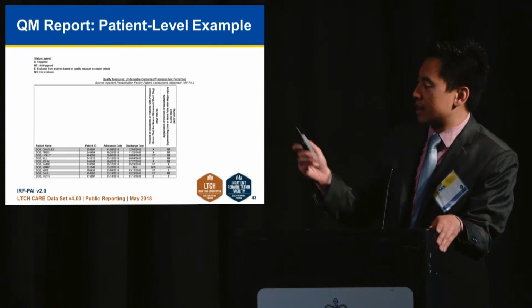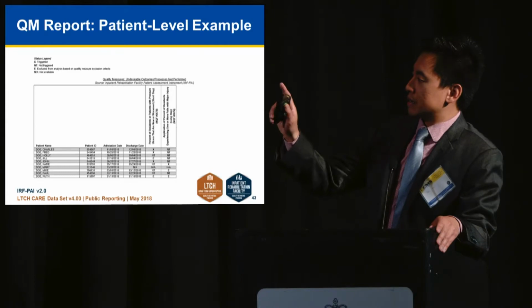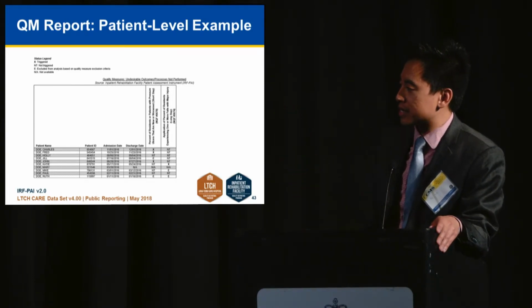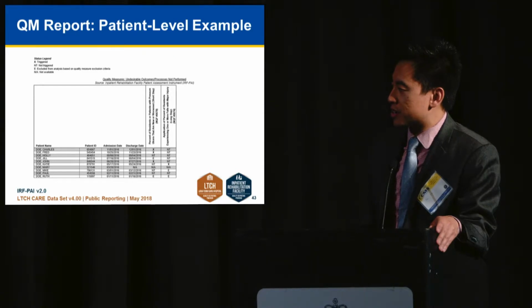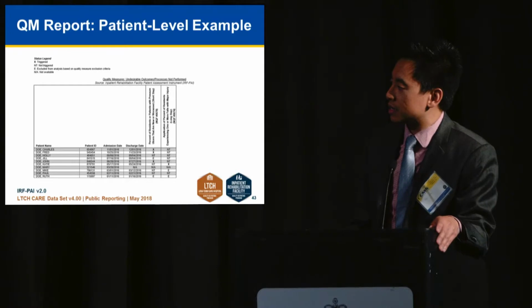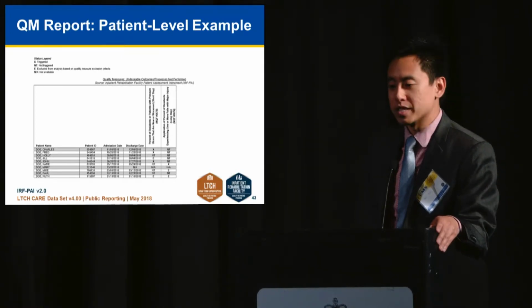At the bottom, you'll see the data source, the patient name, patient ID, and admission and discharge date, and then in this example here is the pressure ulcer measure and the falls with major injury measure.